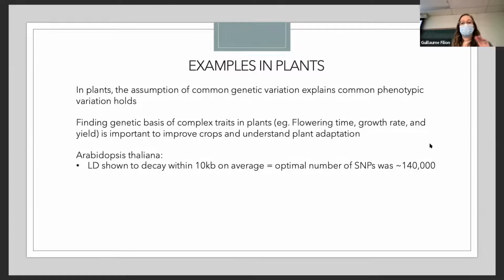So I mentioned this common disease, common variant hypothesis, and I mentioned that it holds a little bit more true in plants than it does in humans. And so there's a lot of GWAS being done on complex traits related to flowering time, growth rate, and yield, and it can be really important for crop production and plant adaptation, especially if we're looking at, let's say, climate change.